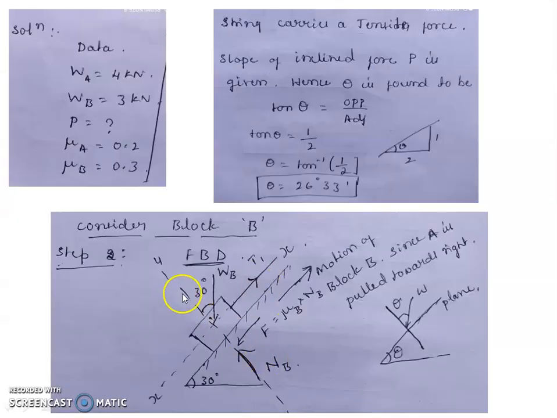Then I substitute for this F, that is mu into N. My equation becomes T1 minus mu, I substituted 0.3, NB is equal to 3 sin 30. Now I will consider the sum of vertical forces along the y-axis equal to 0. What are the vertical forces acting here? One is the weight component, which I resolve towards the y-axis. It is acting downwards, hence it is minus, and NB is acting upwards, it is positive.